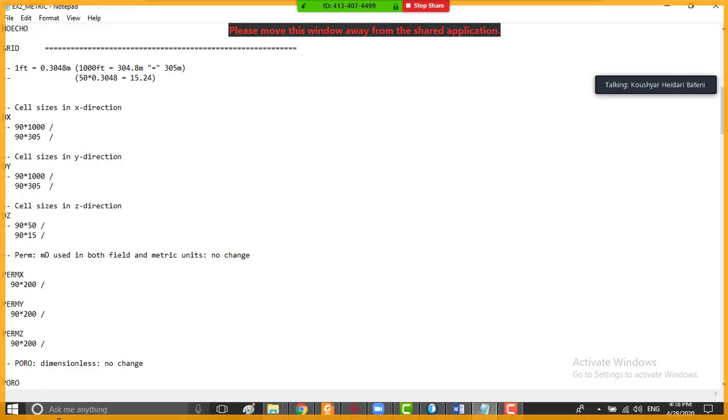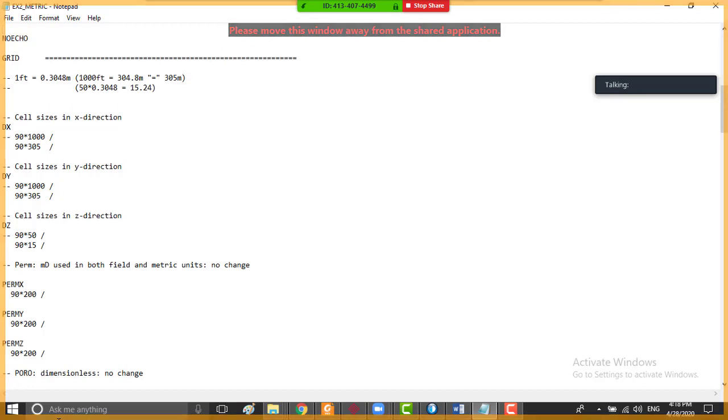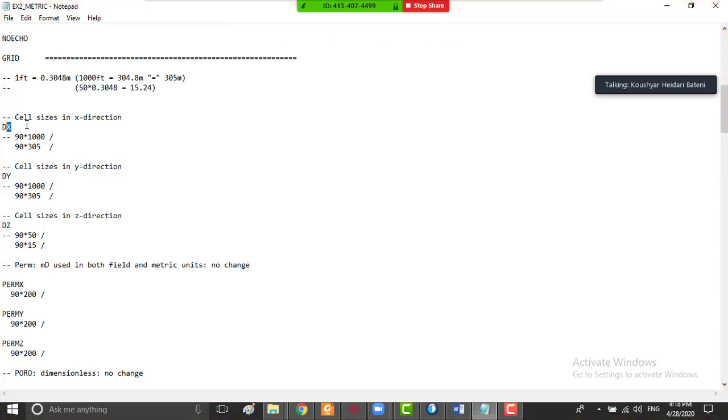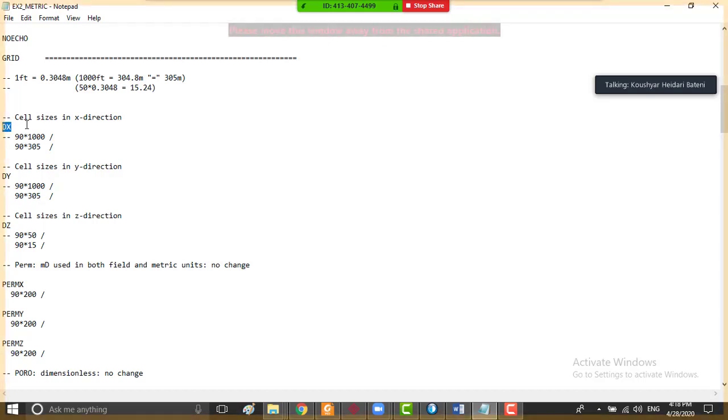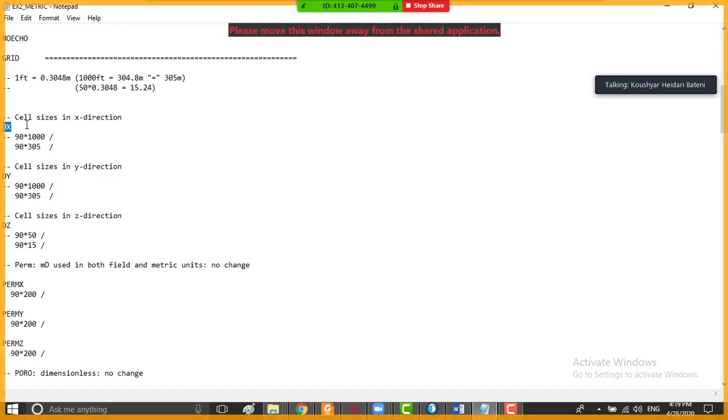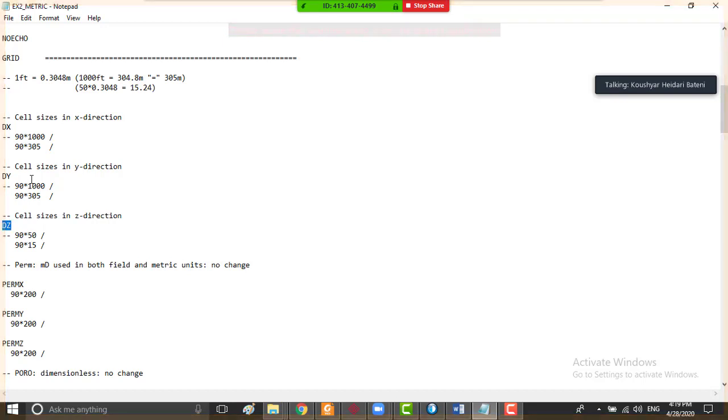What do I mean by that? For example, here in the data file grid section, you have a keyword called dx. The meaning of dx is the length of the matrix blocks in the x direction. dy is the length of the matrix blocks in the y direction. dz is the length of the matrix blocks in the z direction.